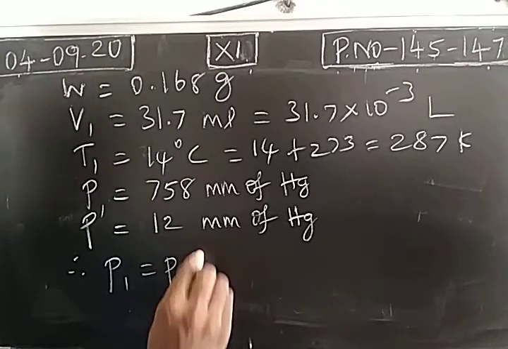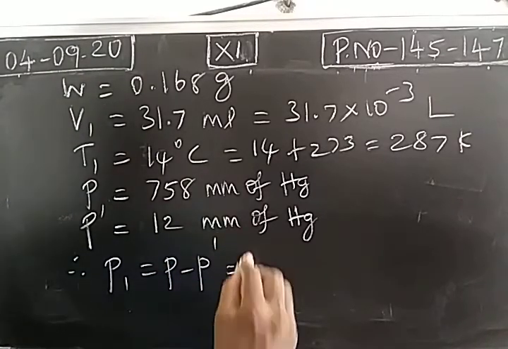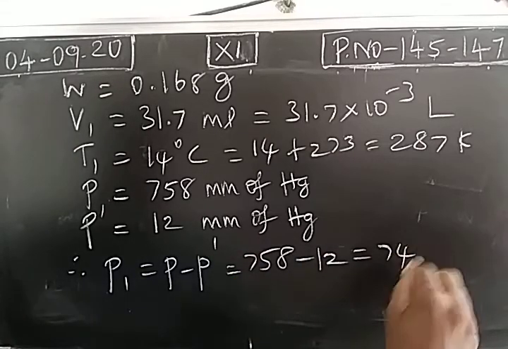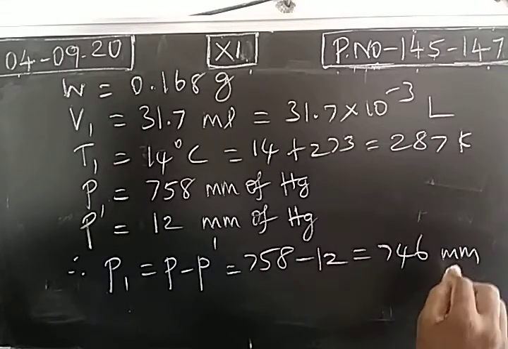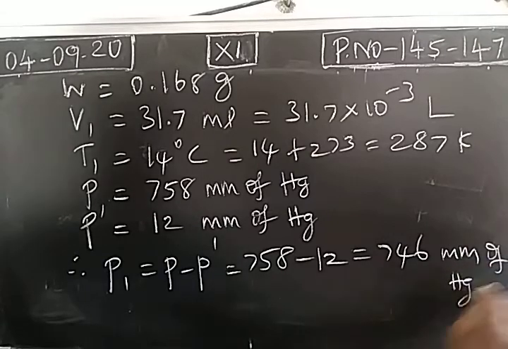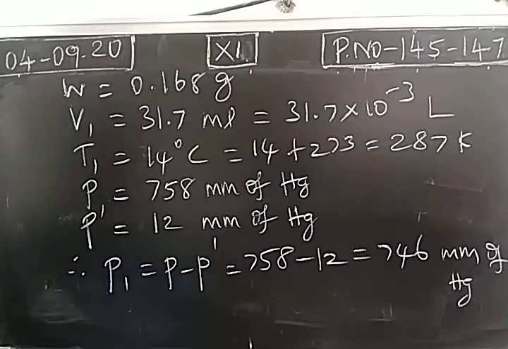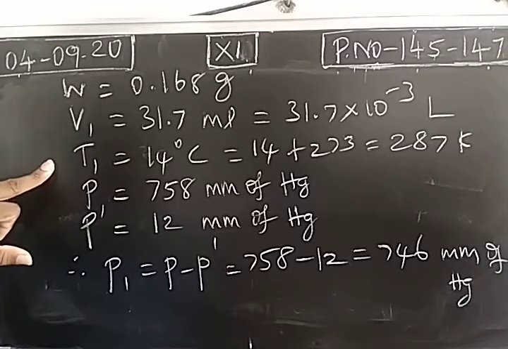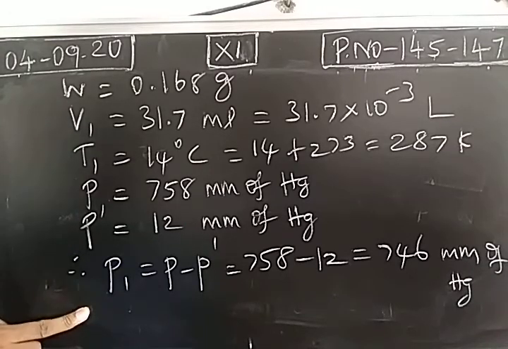P1 is equal to P minus P dash. So 758 minus 12 millimeter of mercury, 746 millimeter of mercury. So we have obtained P1. In the question they have given weight of organic compound, volume, temperature, and the pressure of nitrogen gas.